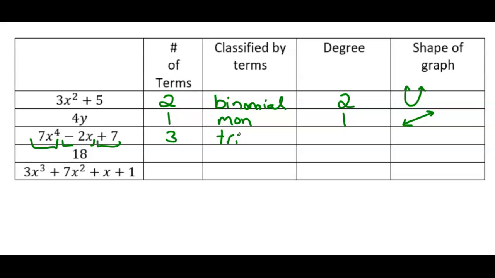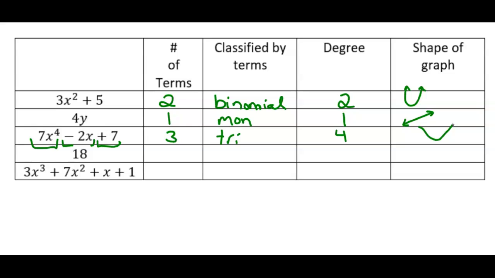Okay, what's my degree? What's my highest exponent in this one? It's 4. Okay, that kind of gives you a real crazy graph. It's probably more like a parabola, but kind of off to the side. It's just a weird graph.